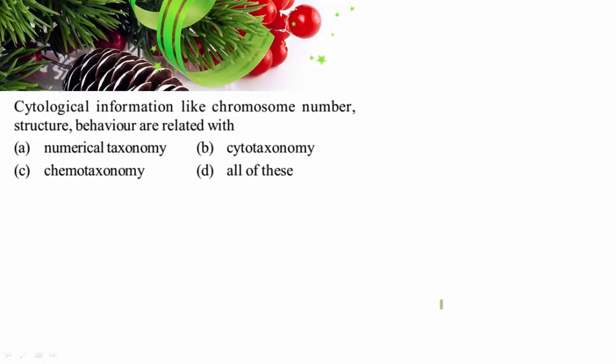The given options are numerical taxonomy, chemotaxonomy, cytotaxonomy, all of these. So here the given term is chromosome number, structure as well as their behavior. Therefore the right answer for this one is cytotaxonomy. So next question.